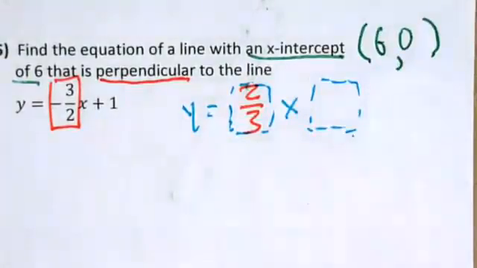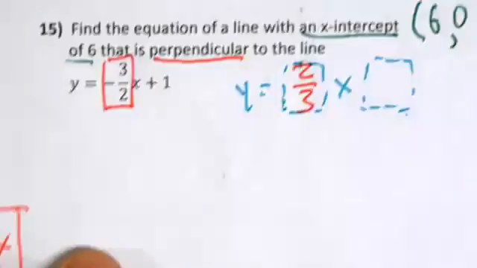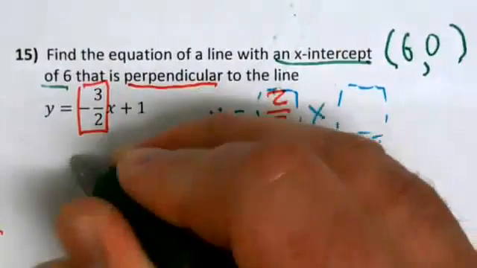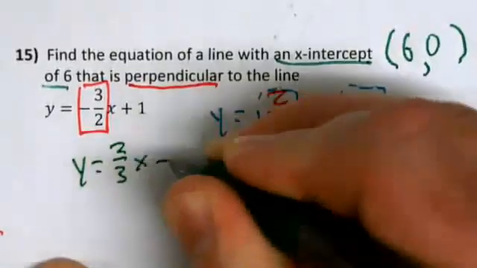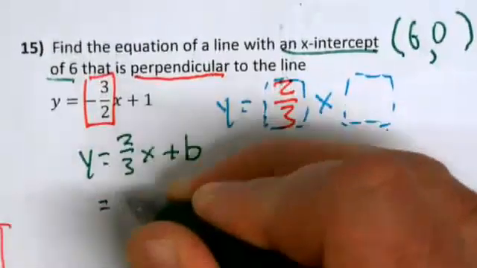So here's how you're going to do this. And if you were at the high school last year for Algebra 1, I know that you did this a couple times. We're going to rewrite our equation here. Y equals 2 over 3x, but I'm just going to leave this as a b right now because I don't know what it is. Is this looking familiar to you? And then we are going to substitute in some numbers for x and y.